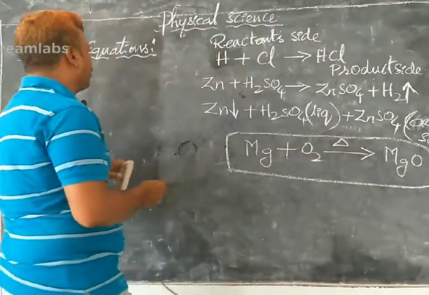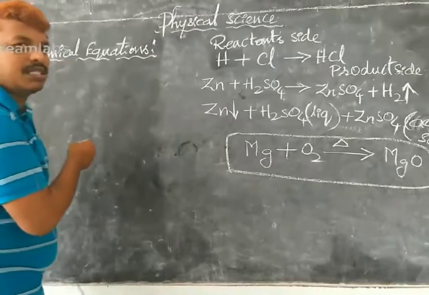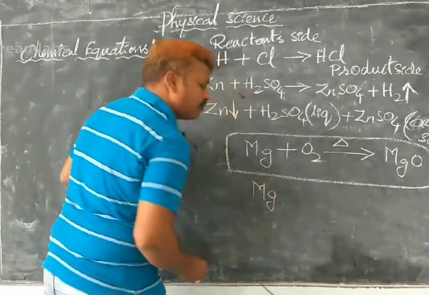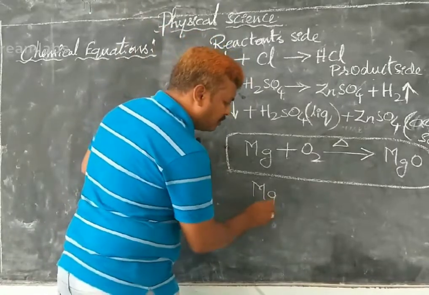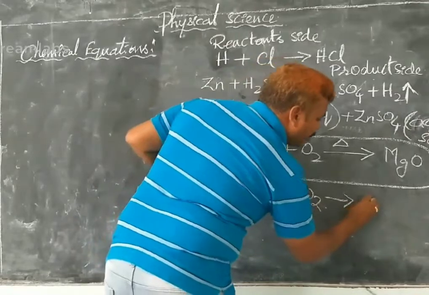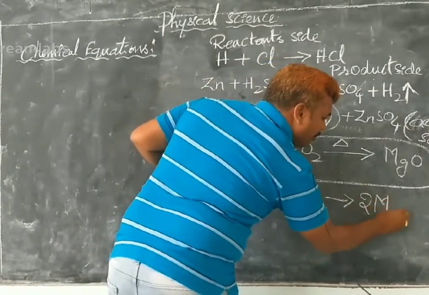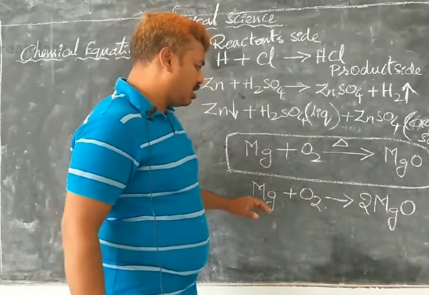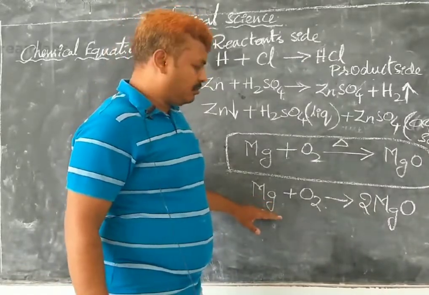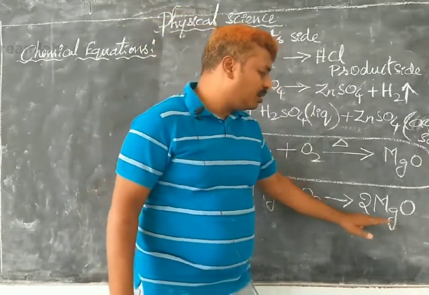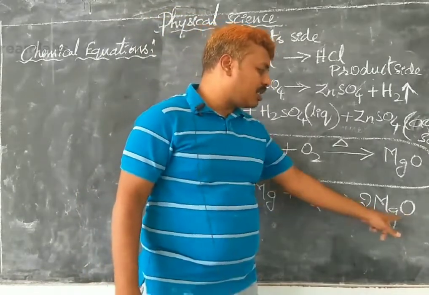So here I am going to balance the equation. Magnesium is only 1 atom, oxygen is having 2 atoms. So what I will do, I will put 2 in front of MgO. Now here you can see 1 magnesium atom and 2 oxygen atoms combine with each other and give you 2 magnesium atoms and 2 oxygen atoms.